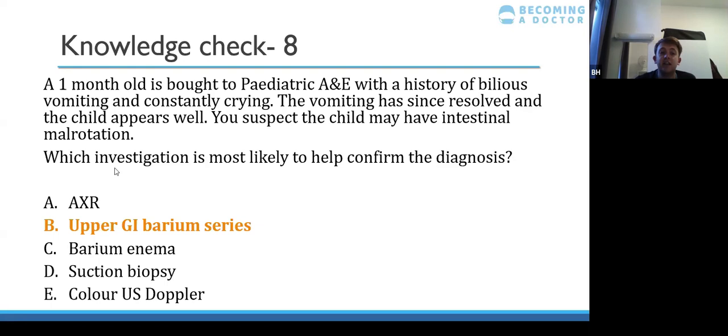You need to pay attention when you do questions, because if it was what would you do first, you might say actually, I want to do an X-ray because they've had bilious vomiting and I want to rule out atresia. And that would be the right answer in that case. But this is what's going to confirm the diagnosis. And we're not confirming the diagnosis of the volvulus because it's resolved. As I said, sometimes the volvulus untwists and resolves spontaneously. But we're trying to diagnose malrotation.